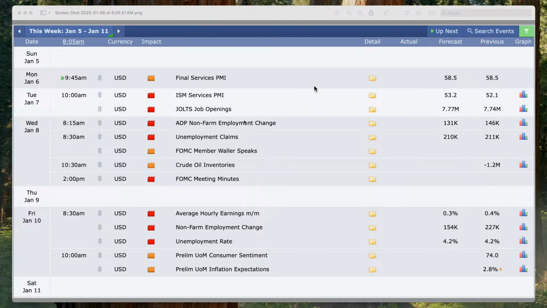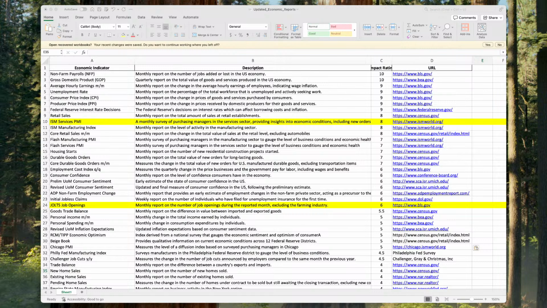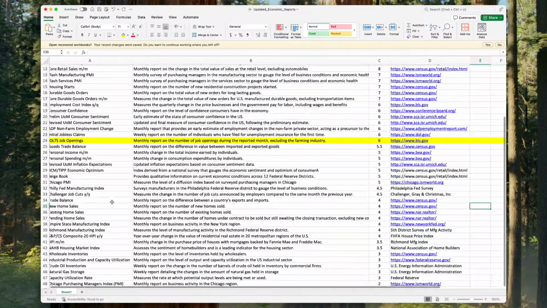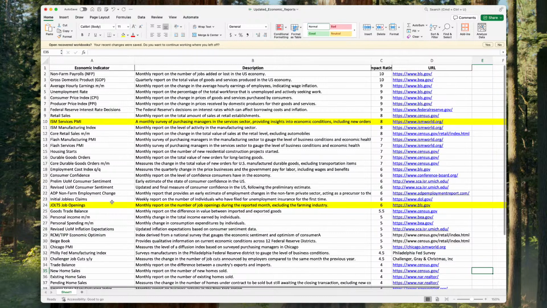So there you go. Also, I wanted to show you the download that we have. And very useful tool. It's what we call the Economic Reports database, and it lists all the current reports that come out each morning or most mornings, and puts them in order of their potential impact on the market.